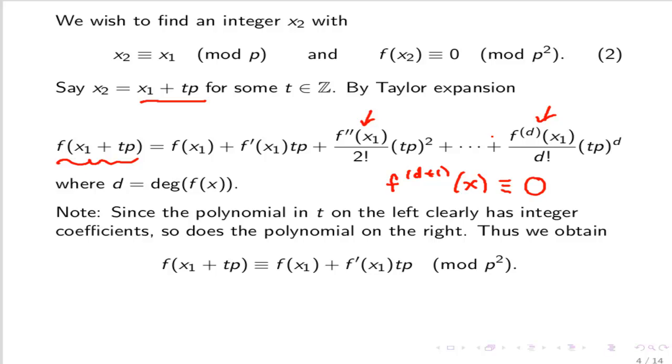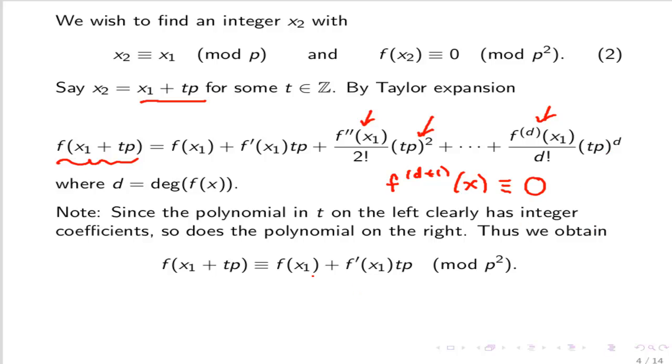And every term after the first two, you'll see a p squared. The next term would have a p cubed, p to the 4th power, which means all of those terms vanish mod p squared.